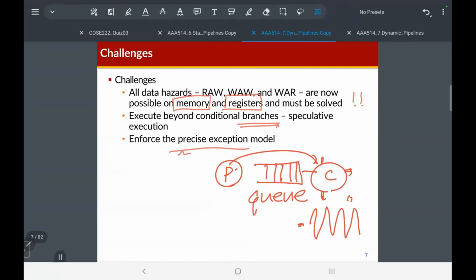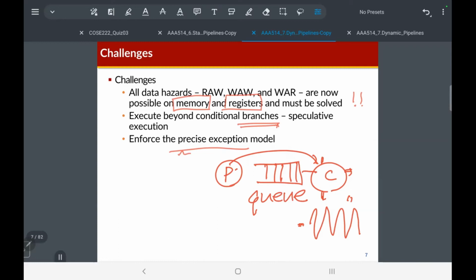The output from this producer can be temporarily stored in this queue, a temporary storage space. Then the consumer can make use of the result from the producer.